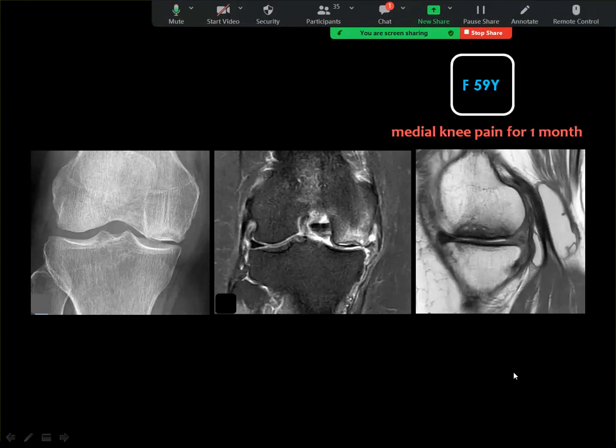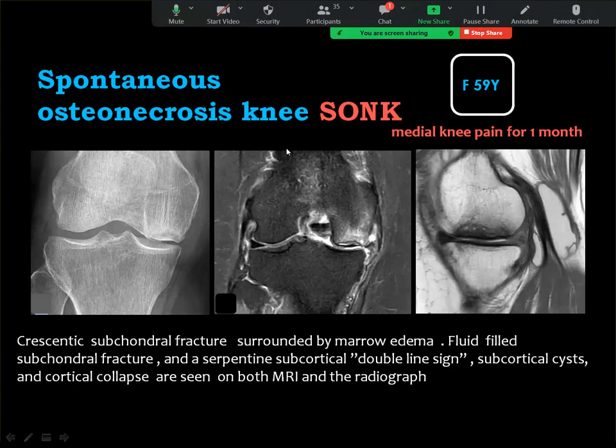And by SONK, we mean spontaneous osteonecrosis of the knee. And this is seen in old patients with some osteoporosis, and there is flattening of the articular surface of the medial femoral condyle with some collapse and bone marrow edema.